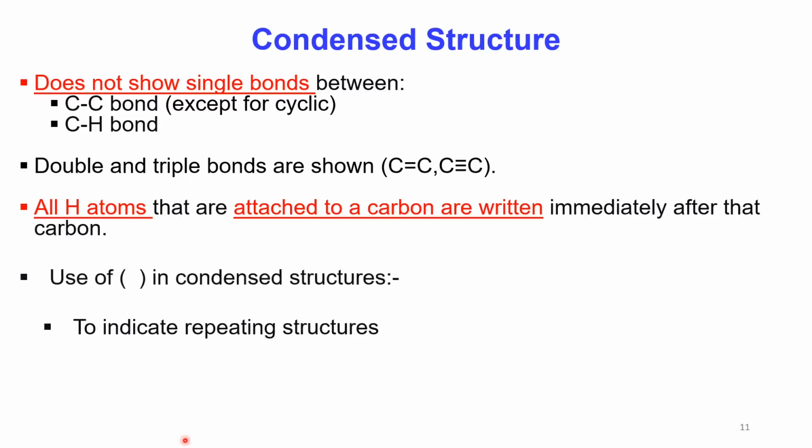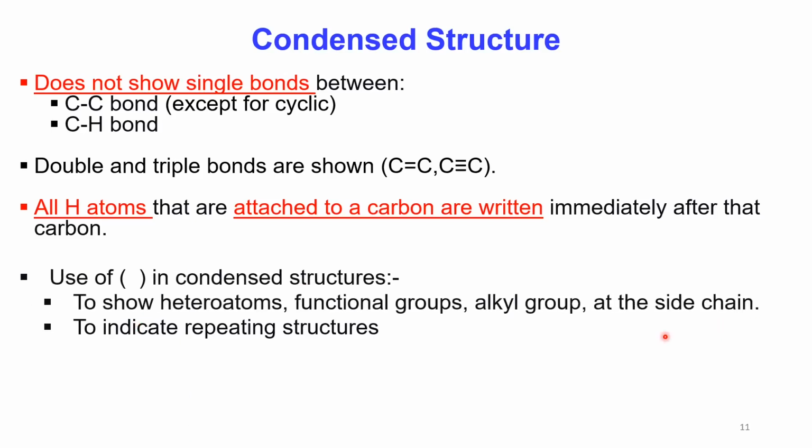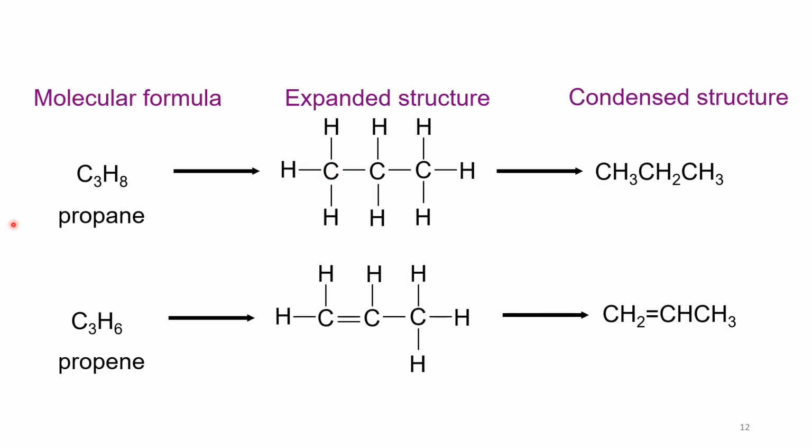We need to use brackets in a condensed structure to show the atoms, functional group, alkyl group, and the side chain, and also to indicate the repeating structure. Okay, so this is an example of how to write the condensed structure.